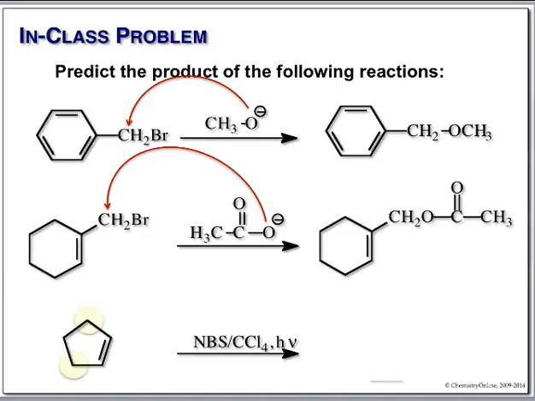They form very stable radicals, and so this gives selective bromination at either of these carbons. All we're going to do is make a bromine radical, add it to one of those, and this is our product.